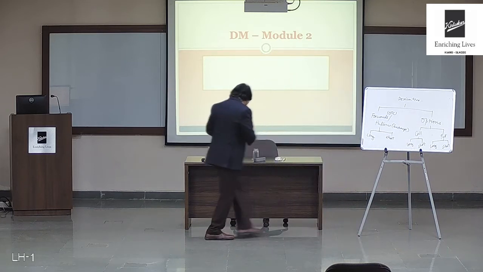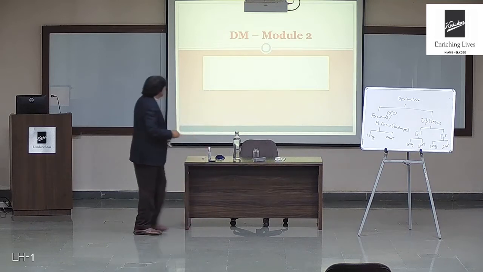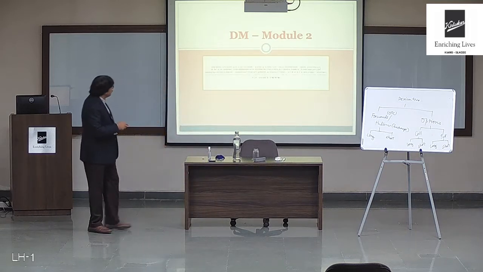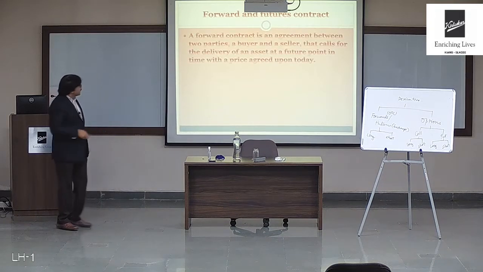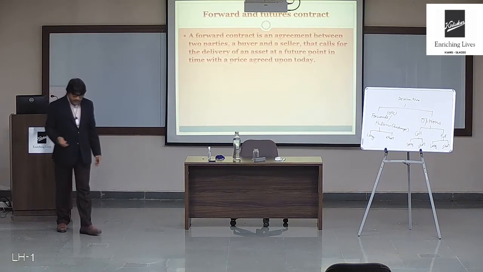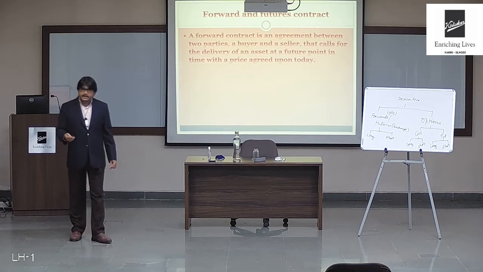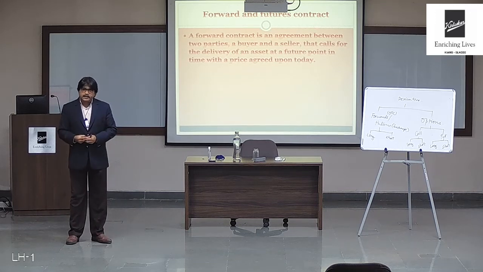All right, coming back, we can look at the mechanism of the futures market. As we have seen last class, it is a contract between two parties. A forward is basically an OTC, over the counter, instrument.